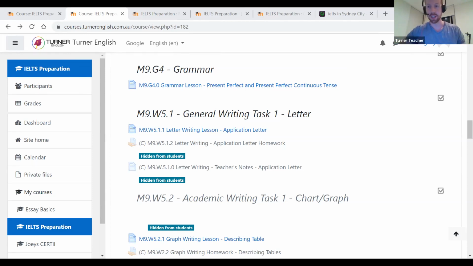So if you find the word in your writing, put them in there.